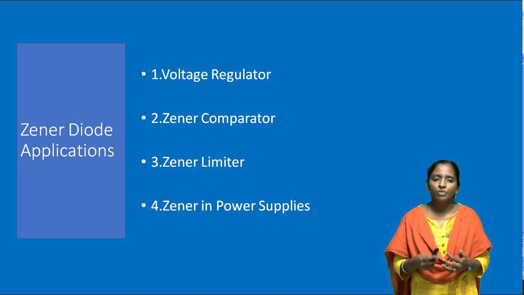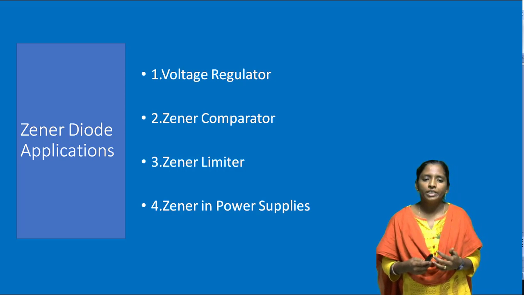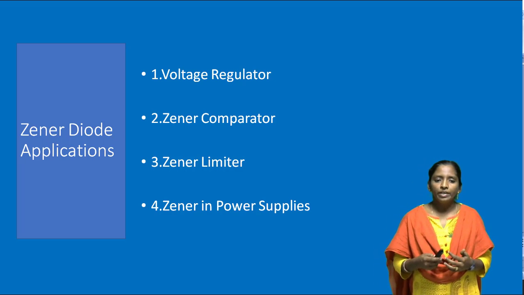In that application, we are using the Zener diode as a Zener comparator. The third one is Zener limiter. It takes the wanted voltage and limits the remaining voltage. For that application, we are using the Zener diode as a Zener limiter.